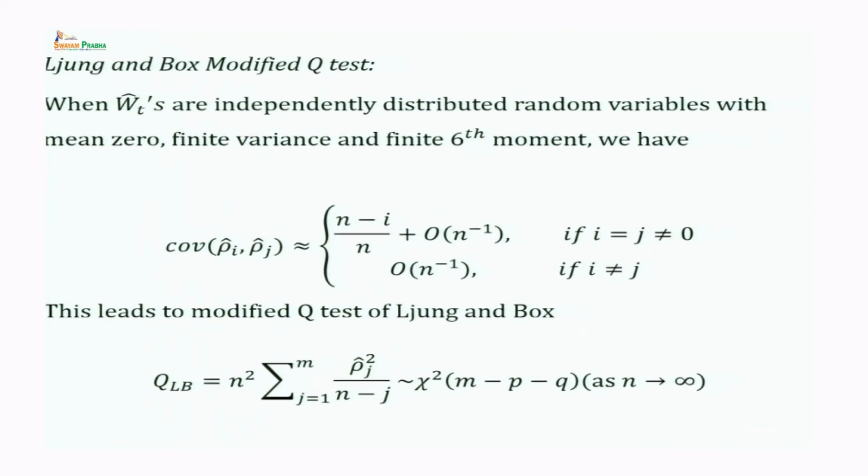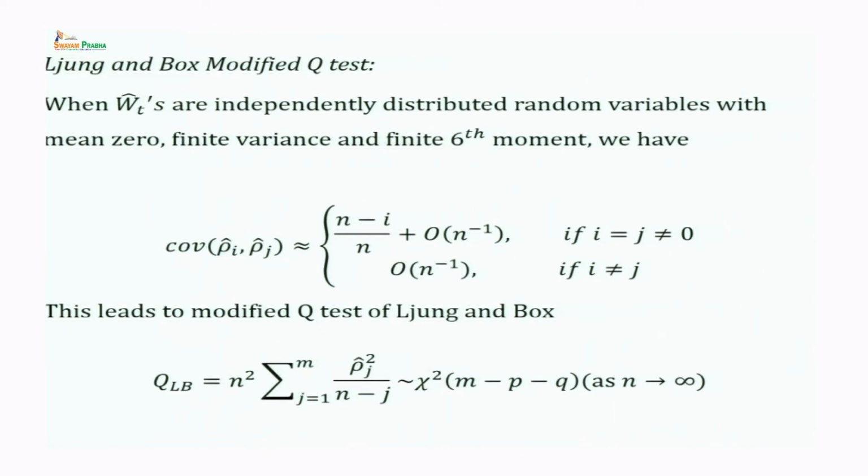Again, I have not given here the detailed derivation of this result, but it means that these rho hat i's are uncorrelated at least up to order O n inverse, and the variance of rho hat i is n minus i upon n.